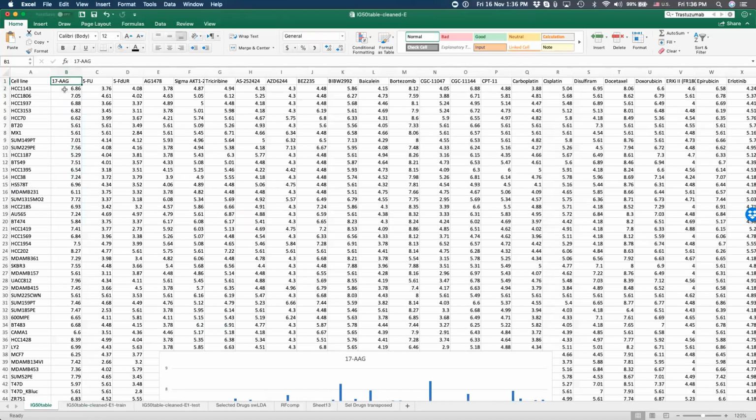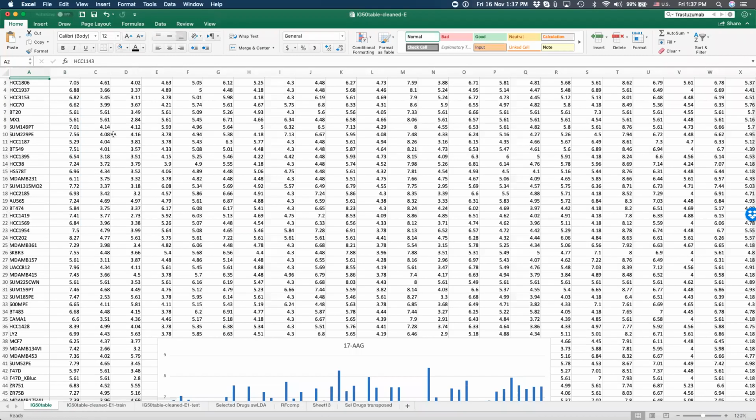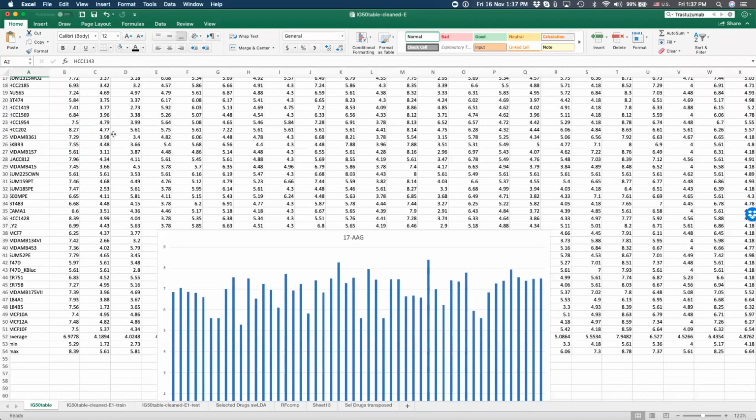So this drug affected this cell line. How? Like this. That's the characteristic.